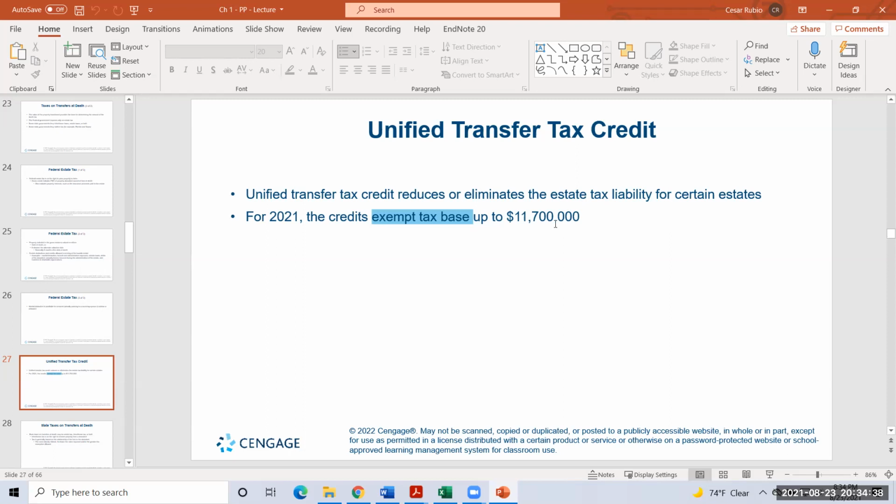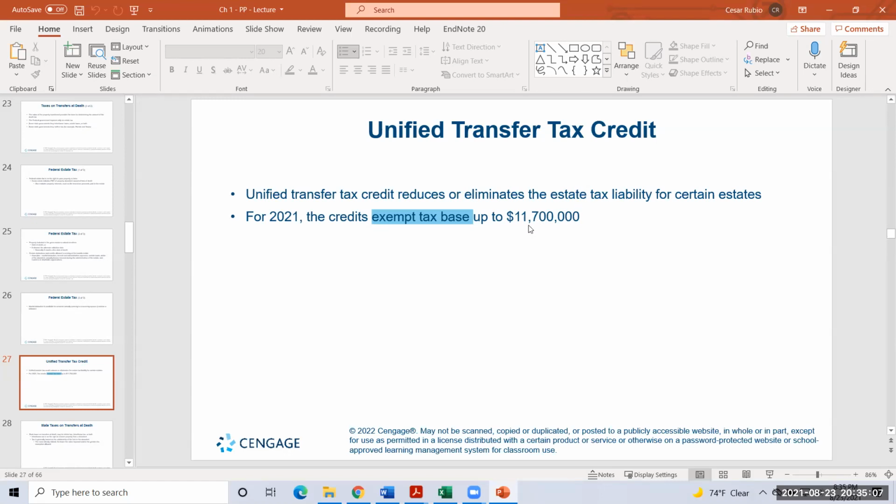If when you pass you end up with an estate that is over 11 million, you may end up with an estate tax. But if your estate is less than this, you probably will not have any estate tax because you get a credit right off the bat. As of 2021, the credit was up to 11.7 million.